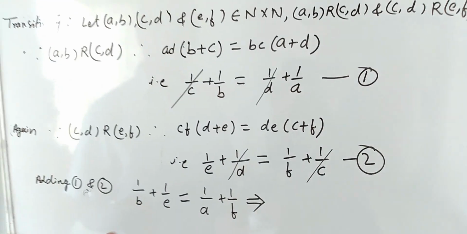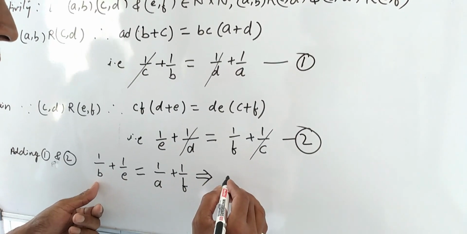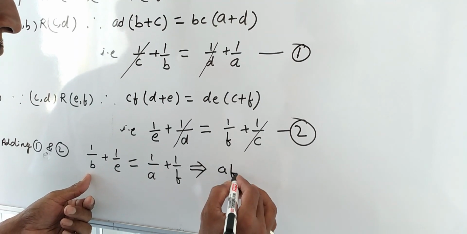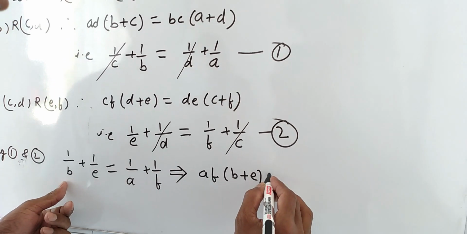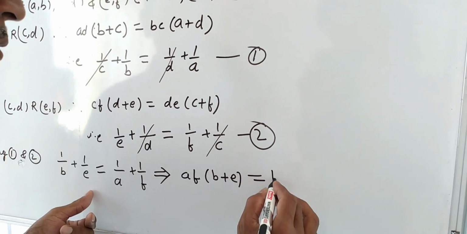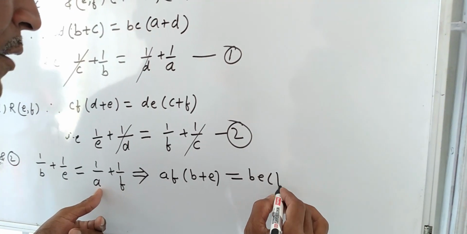Further, if we simplify this, af(b + e) = be(f + a).